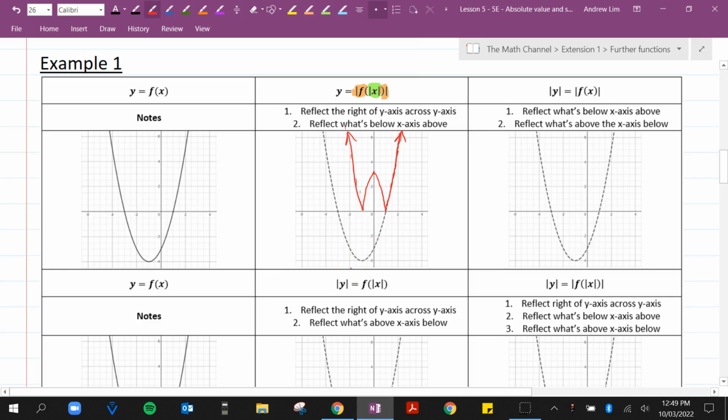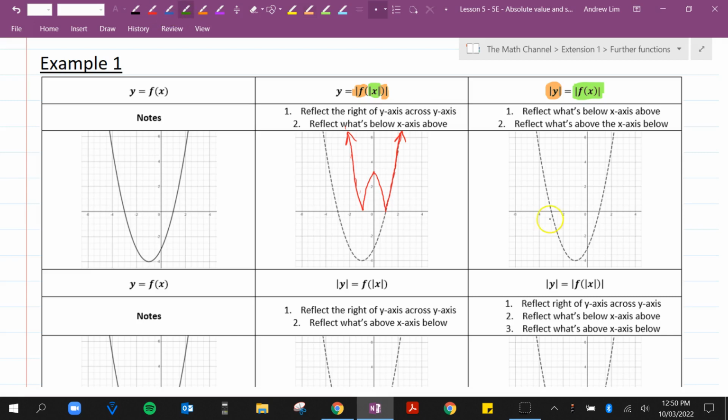Alright, the second one. We need to do this bit first before we do that bit. So according to this, we need to have whatever's below becomes positive, and then we're going to reflect whatever's above below. So what does that mean?